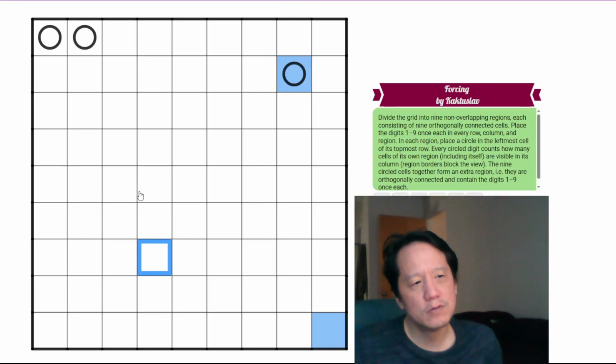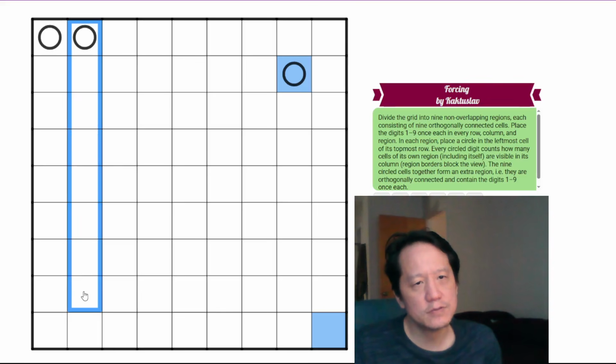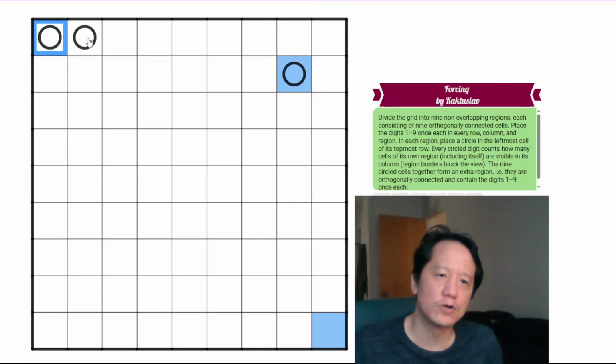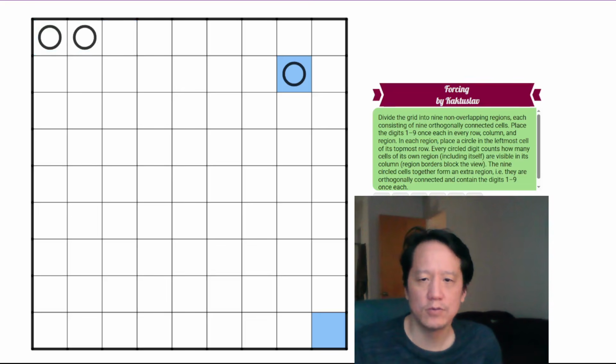Oh. Yeah, if this is 8... So how does that work? So if we go here, I don't think that works. Right? Even if we drop down here, how does that work?